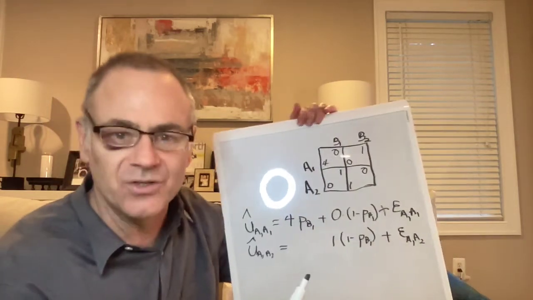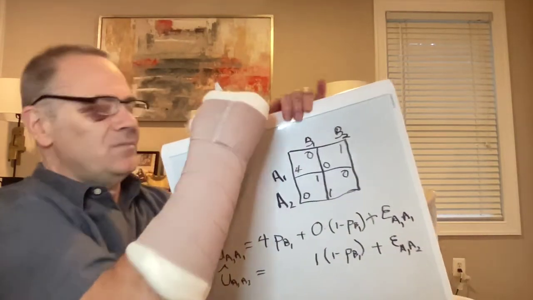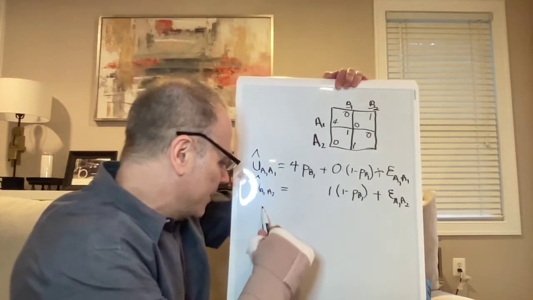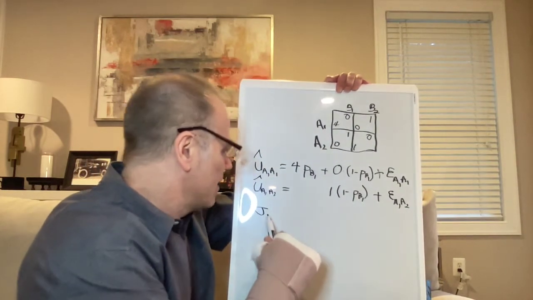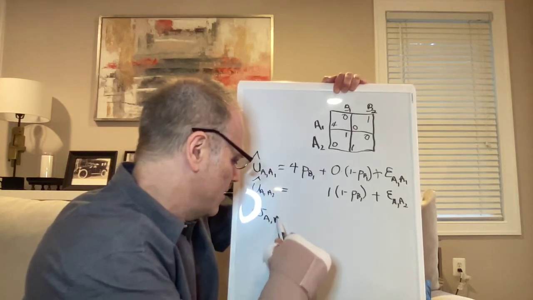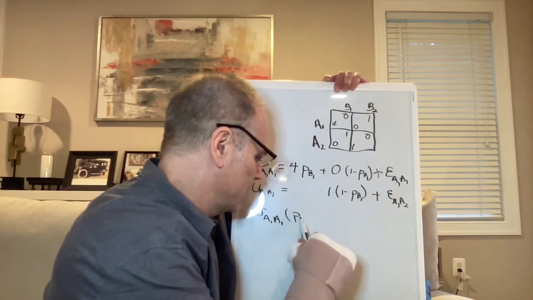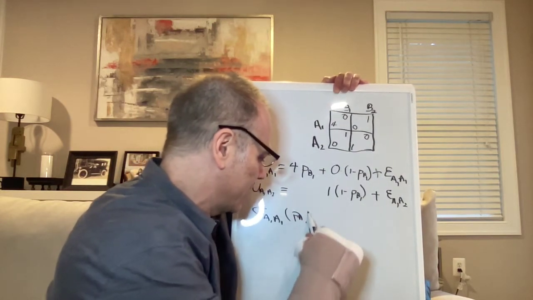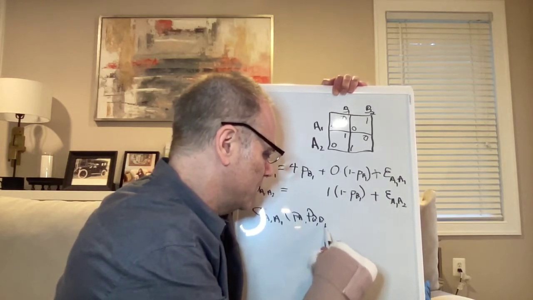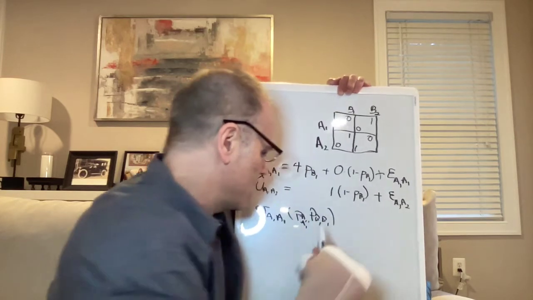But once you make that assumption, here's what you get: the probability that A plays A1, and this is a function of PB1. It should have PA, comma A1 there too.